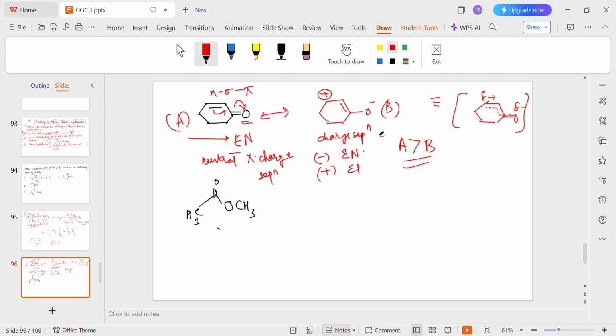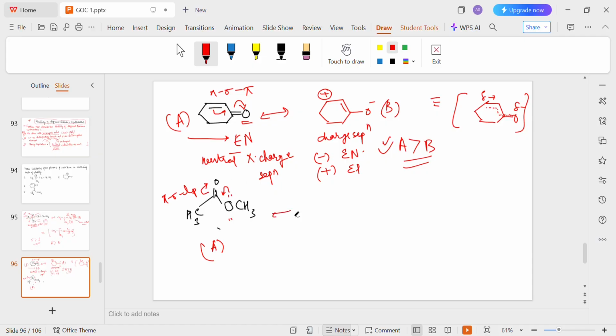Okay, so we have done this question also. Now we have this ester moiety. All right, this is structure A, and let us try to draw another contributor of this. When this lone pair comes here, this is pi sigma lone pair type delocalization. When this lone pair comes here, the pi electrons shift to oxygen.